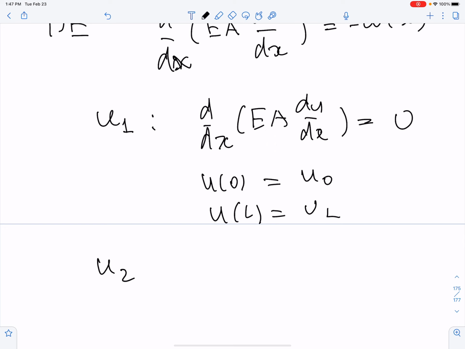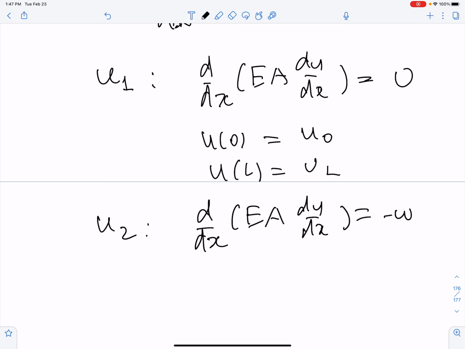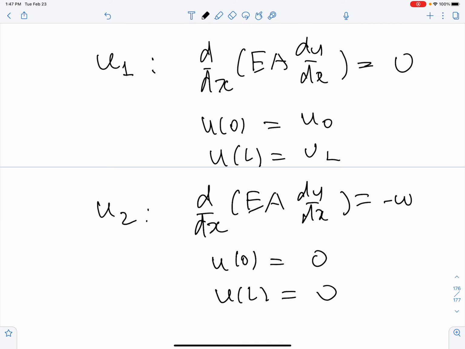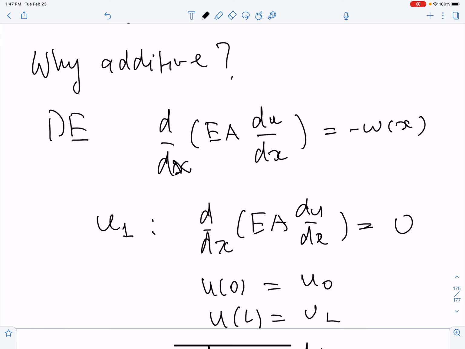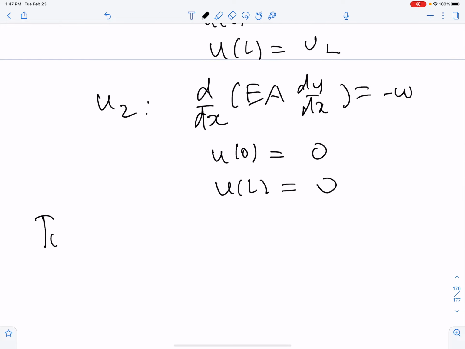And then you can come up with a solution where you have d dx EA du dx equals to minus w, okay, where you set 0 boundary conditions. U0 equals to 0, u of L equals to 0. Okay? And so clearly, you have a situation like this, where you do have the right-hand side, and you do have the boundary conditions, and the total u would equal u1 plus u2, right?